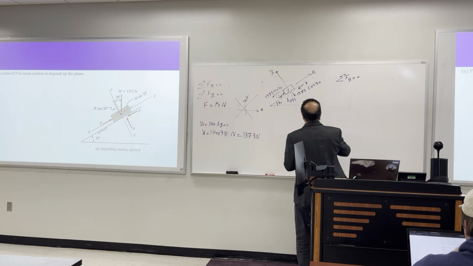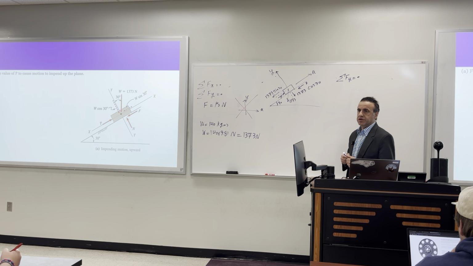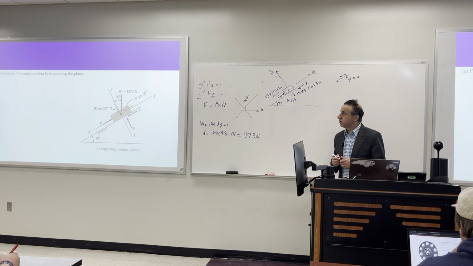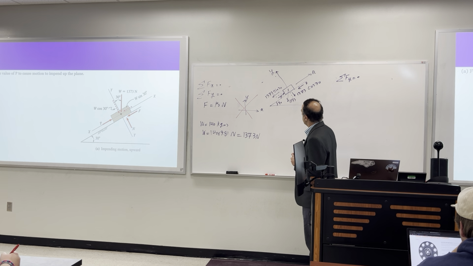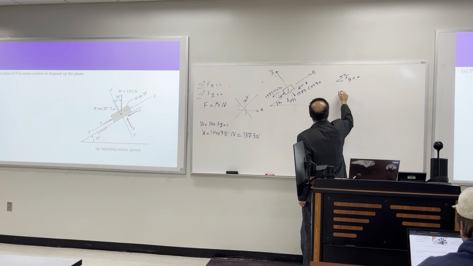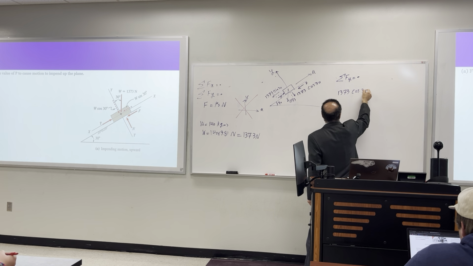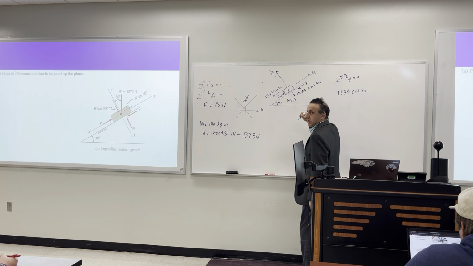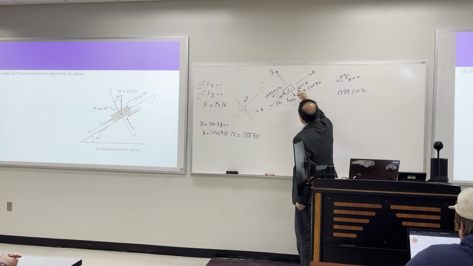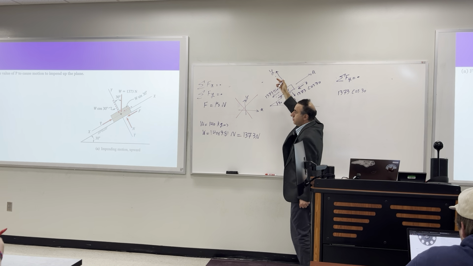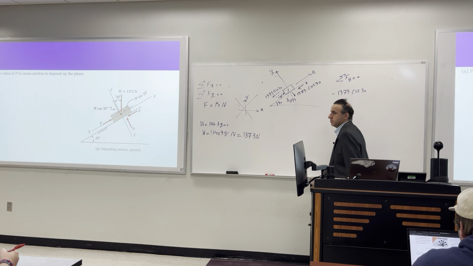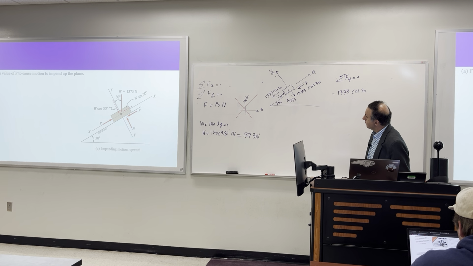Okay. So Fy, what do we have in the Fy equation? What forces? We have this force W, 1373 times cosine 30. Positive, negative? My y plus is going up, so this should be negative, right? What else?